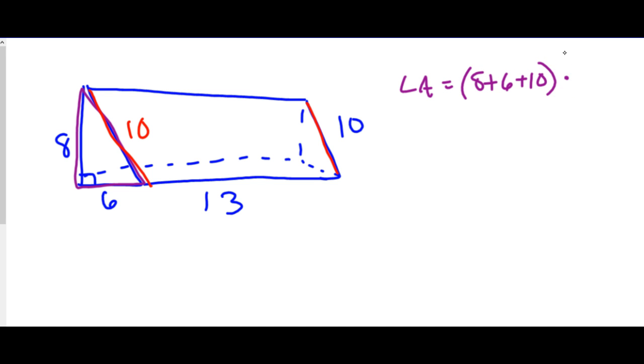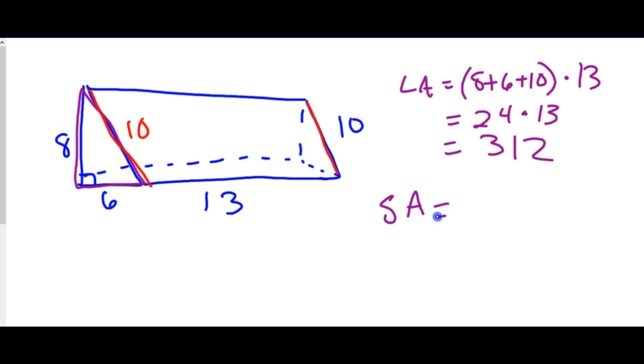Then we times by the height of the prism, which is 13. Combining that all together, we get 24 times 13, which is 312. Again, that's only the lateral area. To get the full surface area, then we need to take that lateral area and add the area of the bases.